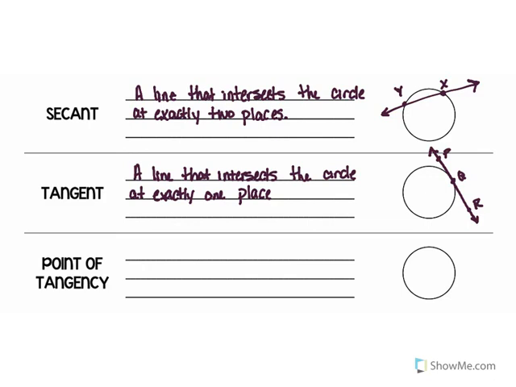So a tangent line, or point of tangency, is the point at which the tangent line intersects the circle.